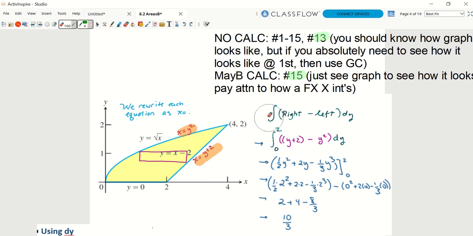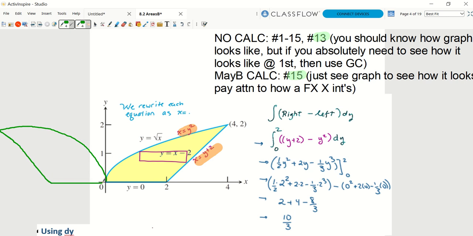Now, this is my own method. What I like to do is reflect this image over the y-axis, so you get something like this.